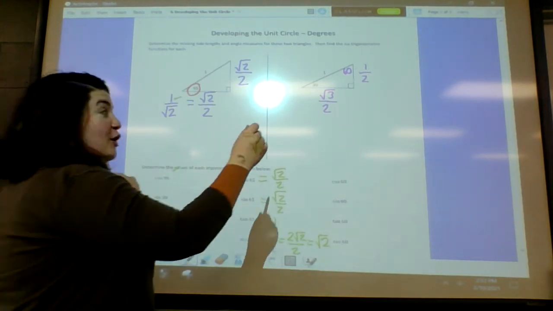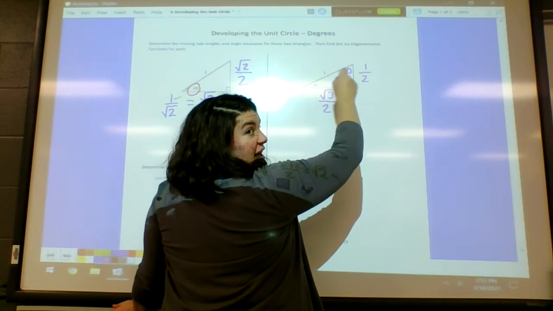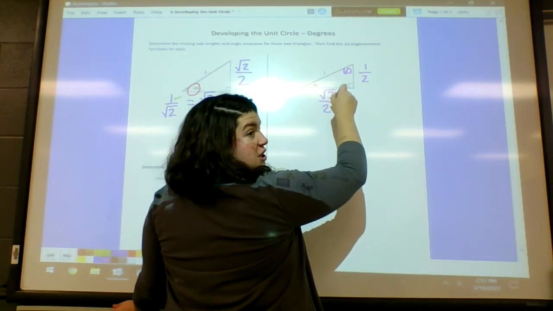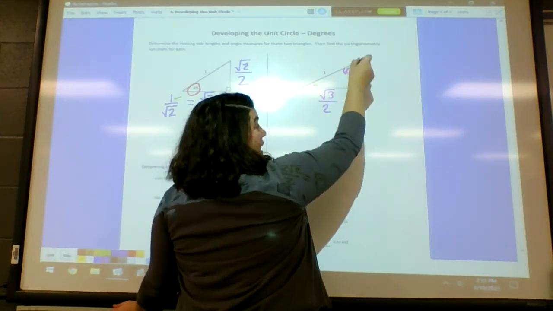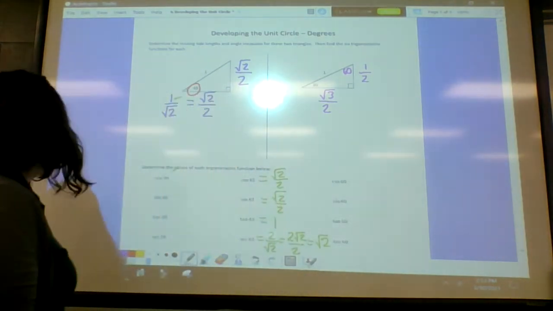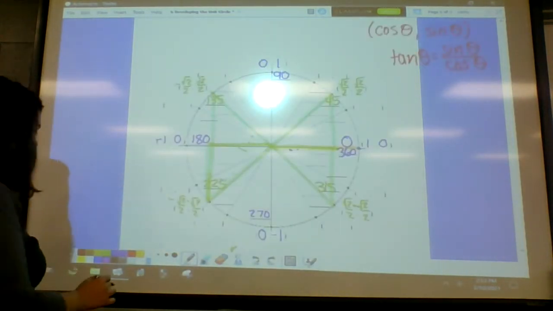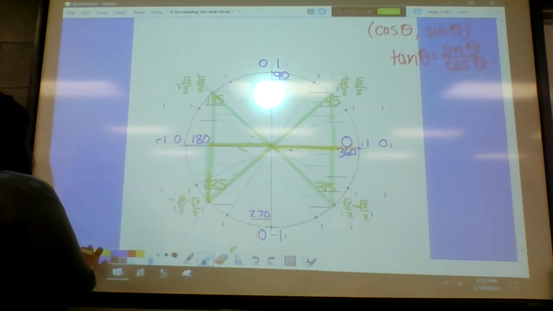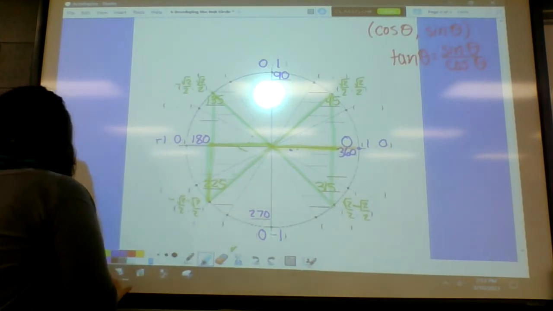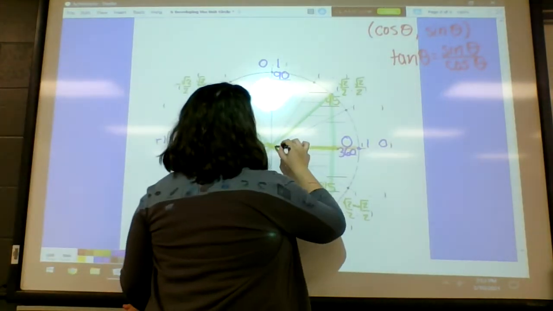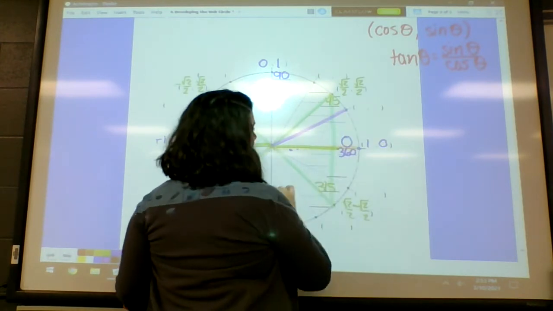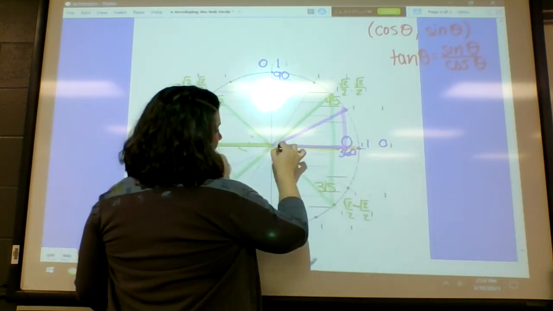So when we put our 30-degree measure on there, our x value is going to be square root of 3 over 2, and our y value is going to be 1/2, okay? All right, so switch highlighters. New color. All right, so here, that line right there makes the 30.